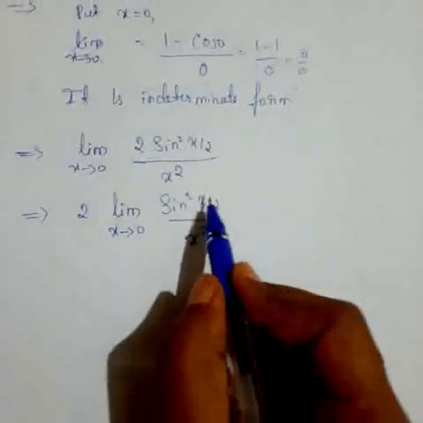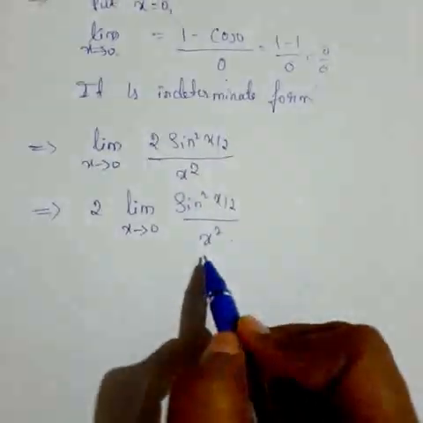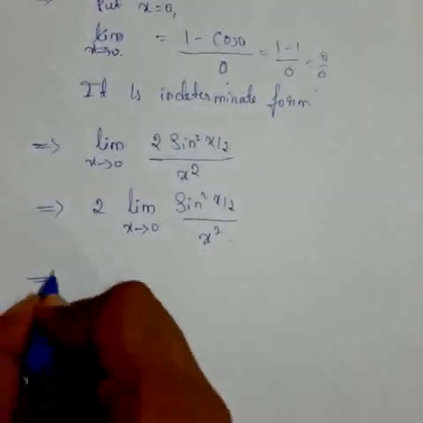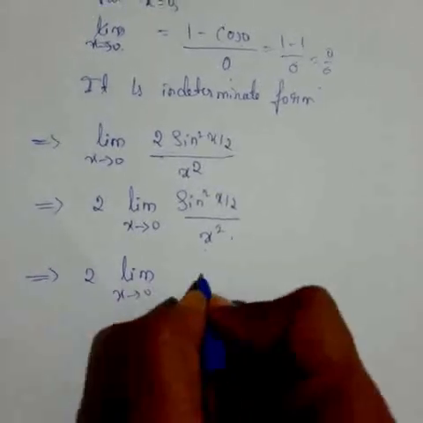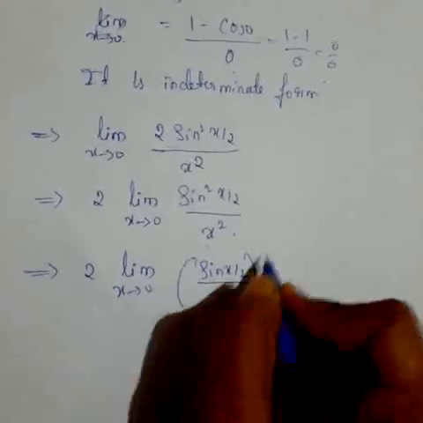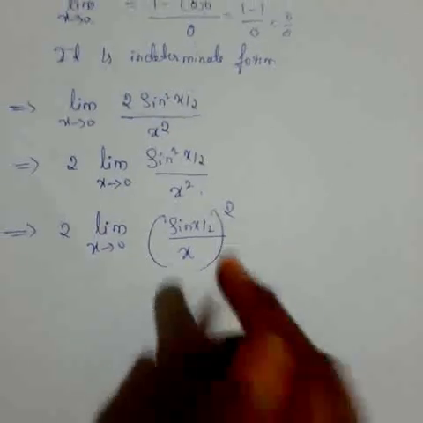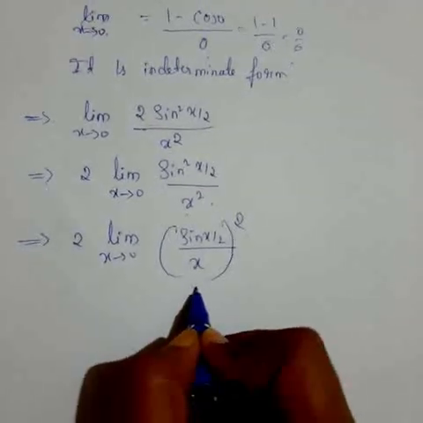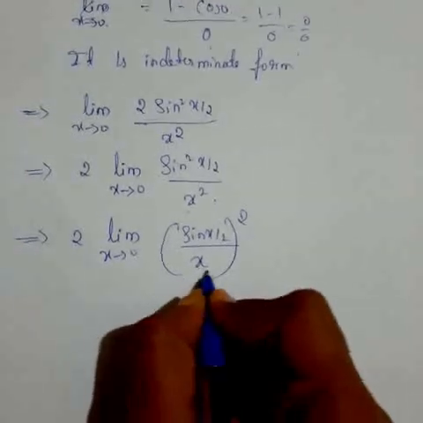In the numerator we have the function in terms of square, here also in terms of square, so I can write whole square: limit x tends to 0, sine x by 2 divided by x, whole square. If we have x by 2 here, then only we will reduce to the standard formula. That's why we need x by 2 here.